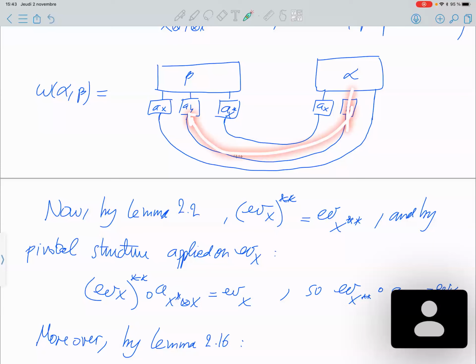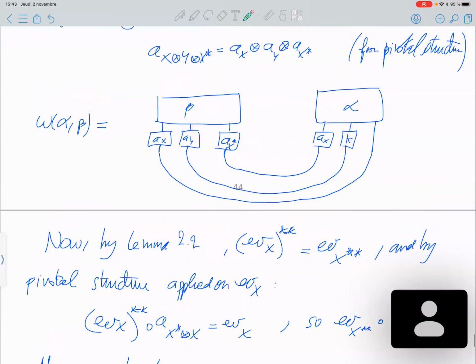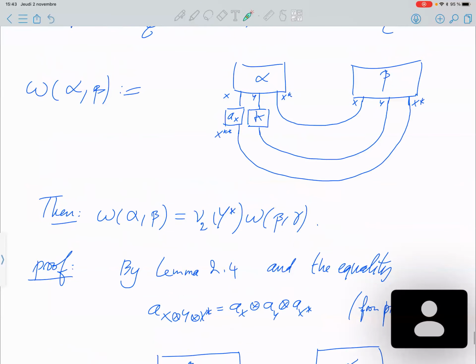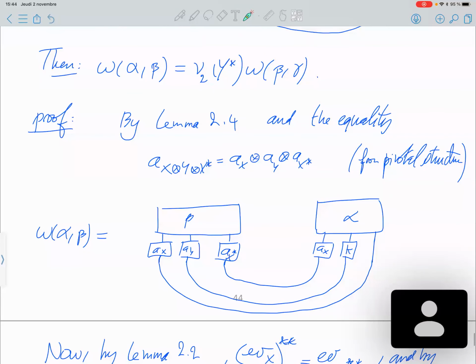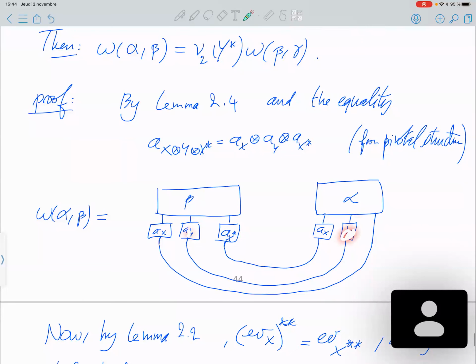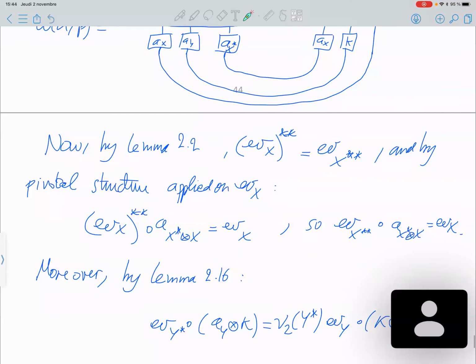Here identity, here just kappa, and the pivotal structure disappears. So we already do that. Now we have that with kappa. This is exactly the shape we wanted to recover. And as I said, you move kappa from here to here up to multiplying by a constant, the second Frobenius-Schur indicator.